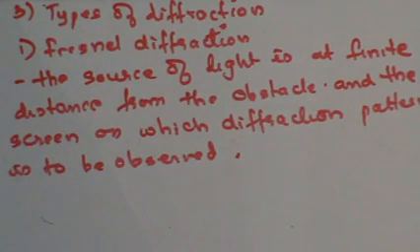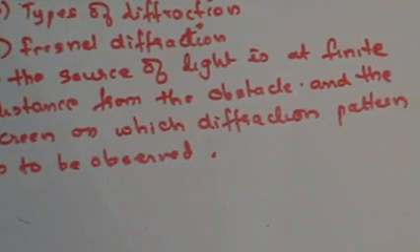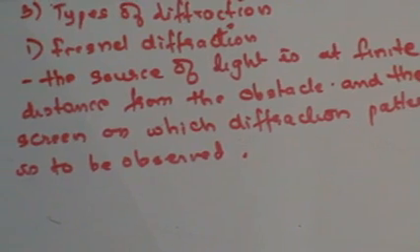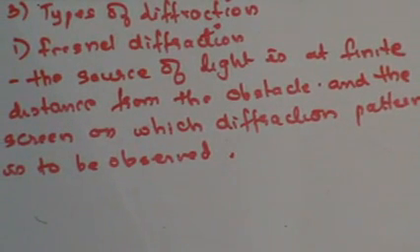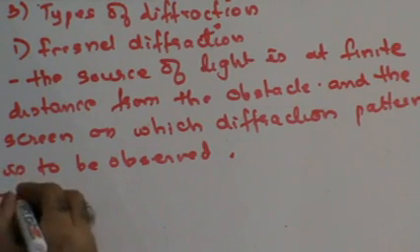Right? That's the first condition for Fresnel's diffraction. Now, the light after diffraction appears to converge towards the screen, and hence no lens is required in the case of Fresnel's diffraction.